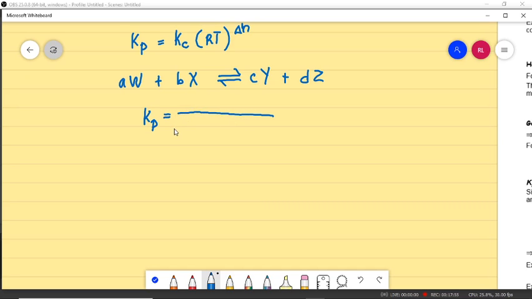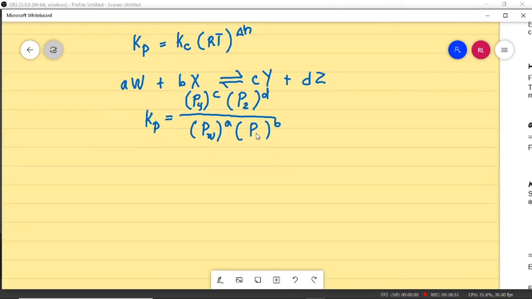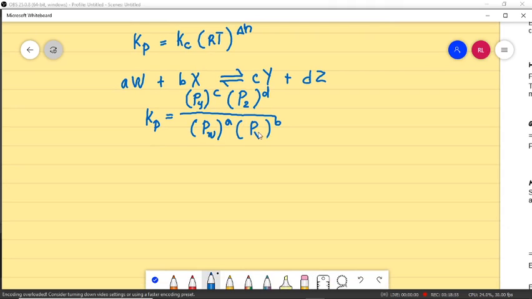Kung paano natin sinulat yung expression for K sub C. So, you have partial pressure of your substance Y raised to the power of C times partial pressure of Z raised to the power of D, divided by the partial pressure of the reactants, raised to the power of A and raised to the power of B. Sorry, it's not B, but this is X.